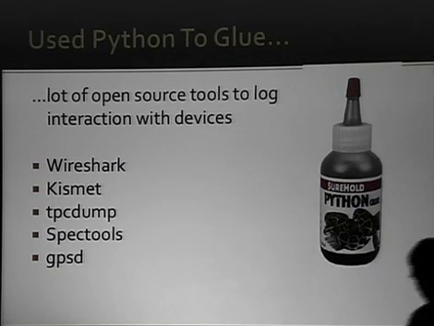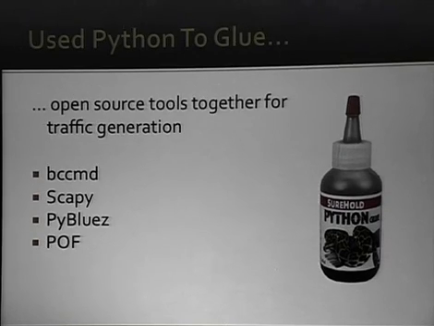So it pulled data like all the Wi-Fi management frames and wireless traffic intended for our device, as well as the entire spectrum activity on the 2.4 gigahertz with Spectools. As well as interfacing with things like GPSD to dump the GPS location inside of a building. And dumping all our tcpdump and such.